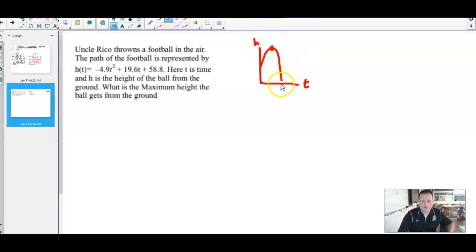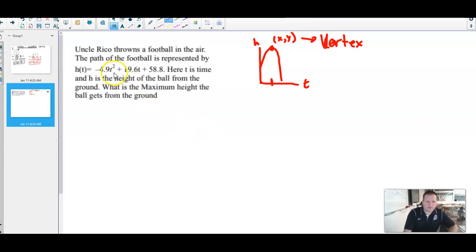So at t seconds, however long that is, it's going to be at a certain height. This point is a specific xy point. It's that vertex, and so I want to find that vertex.